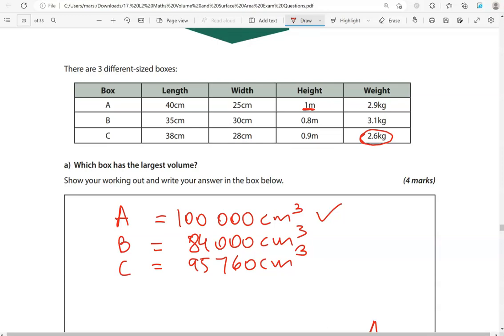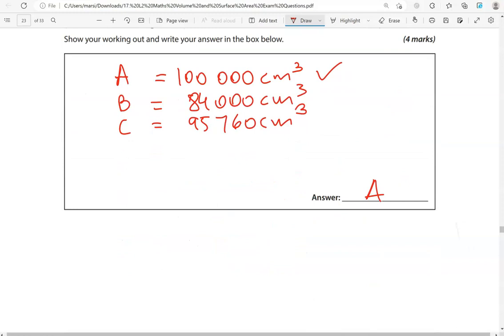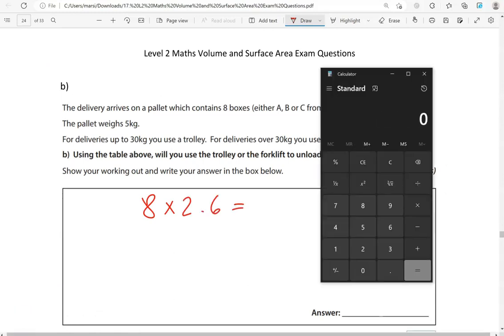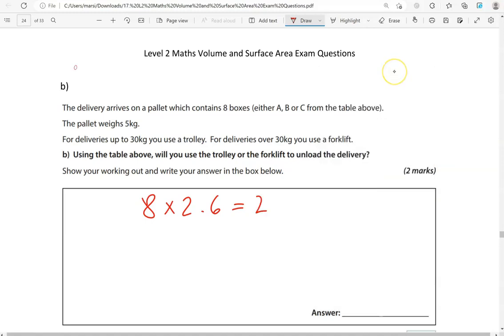So if that is the case and 8 lots of box C are delivered, then we'll have 8 times 2.6 kilograms. And that is 20.8 kilograms. Add to this the weight of the pallet, which is 5 kilograms. Then we have 25.8 kilograms, which is up to 30 kilograms. So that suggests using a trolley.